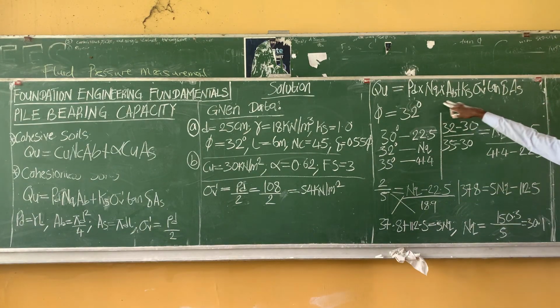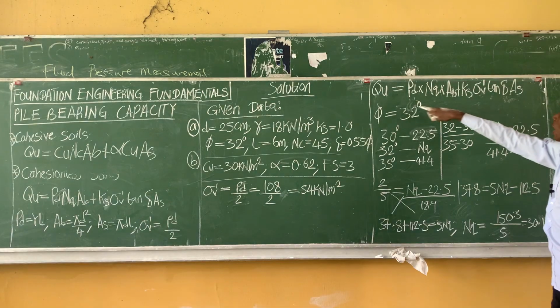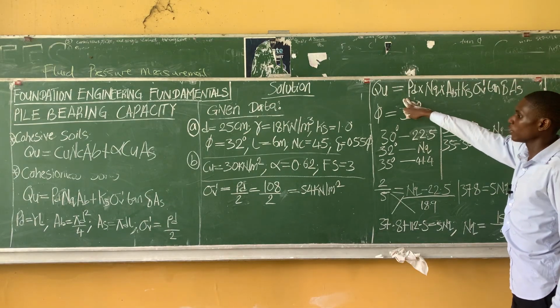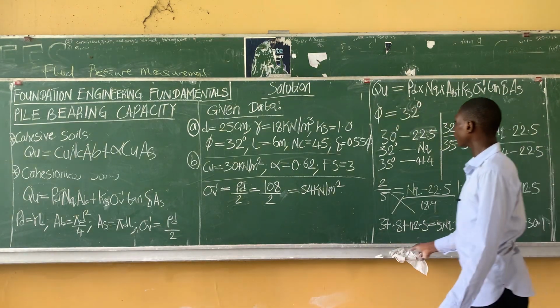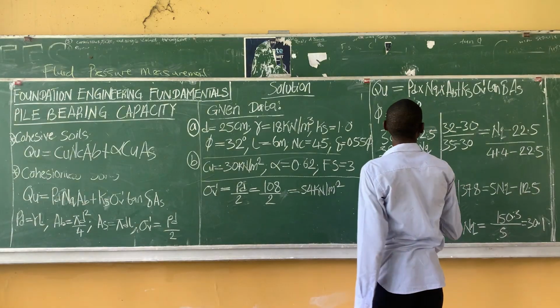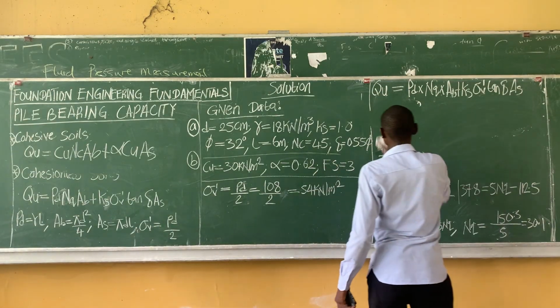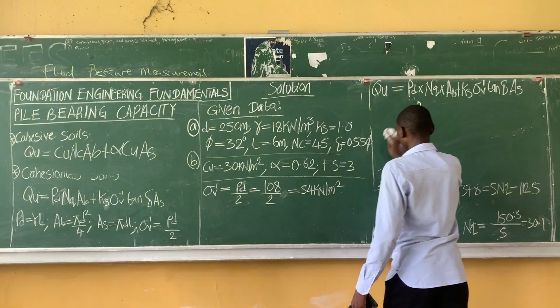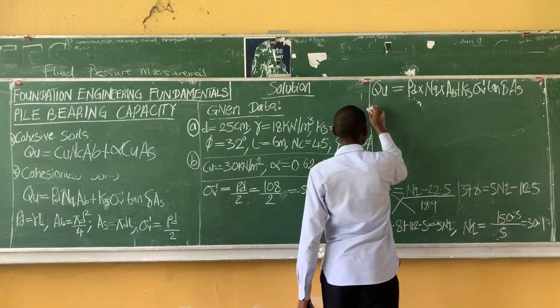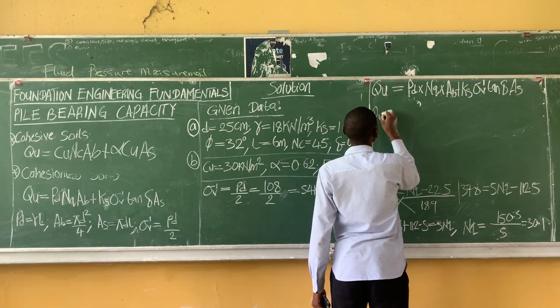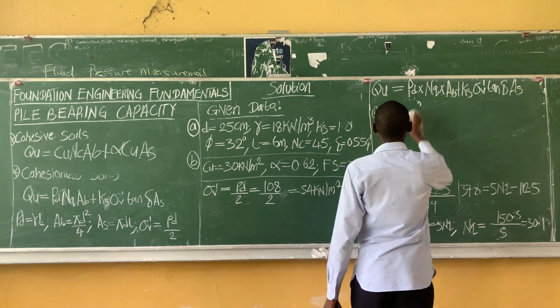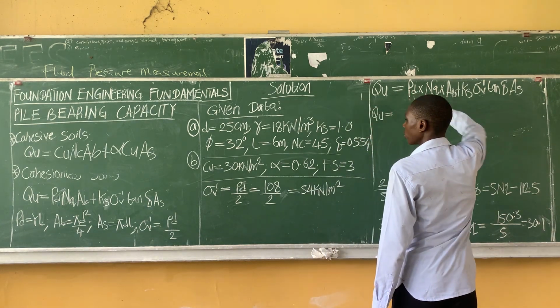So having been able to determine all the parameters, we simply substitute in to get our ultimate bearing capacity for the cohesionless soil. So our ultimate bearing capacity QU is equal to, what is our P subscript D?